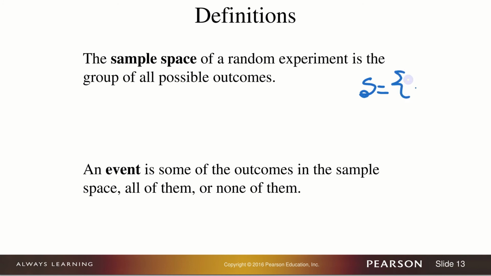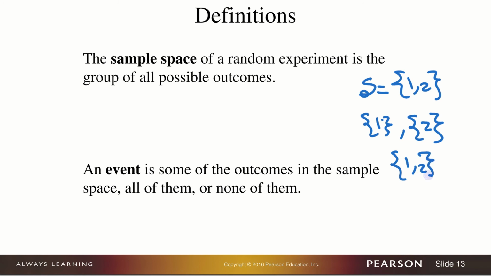let's just look at this simple set 1, 2, right? So what are all the possible subsets of that? Remember, you can have the subset containing only 1, you can have the subset containing only 2, you can have a subset containing both 1 and 2. In other words, yes, every set is a subset of itself as well.